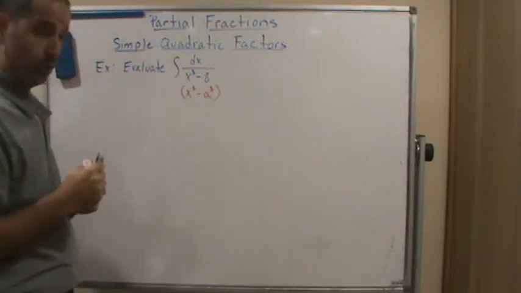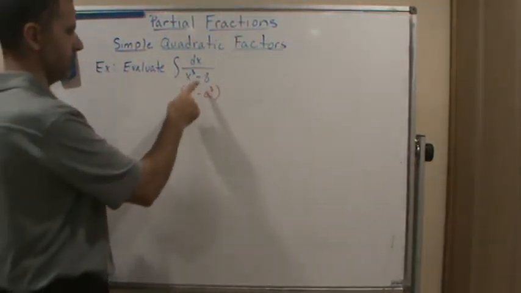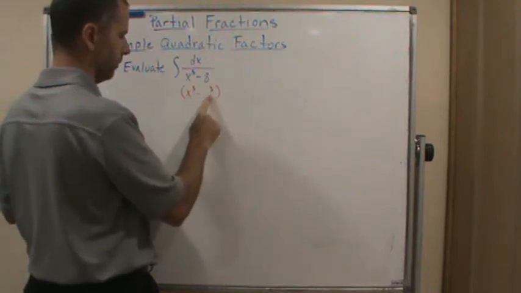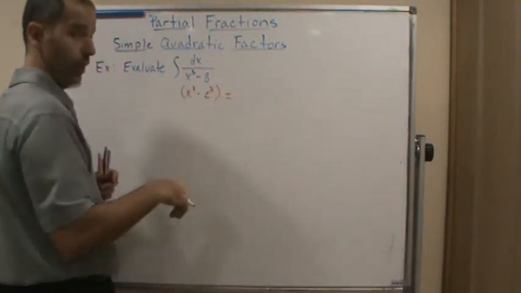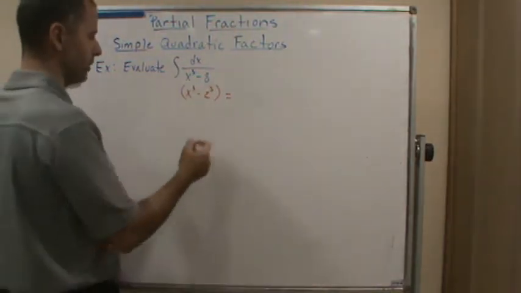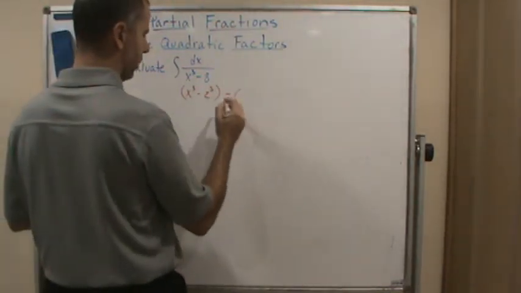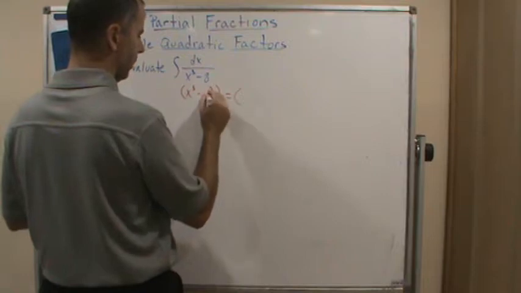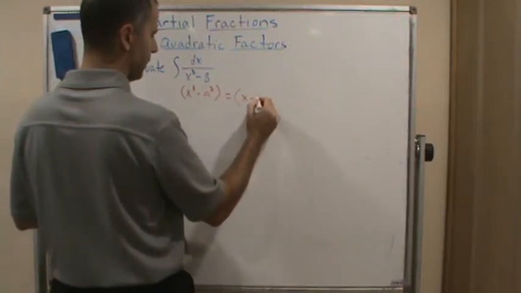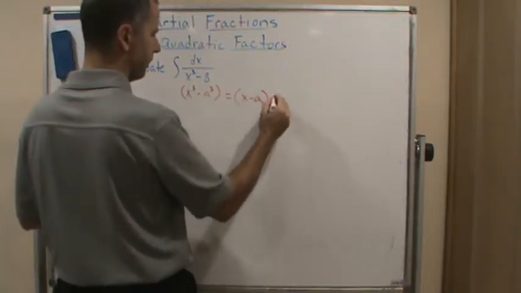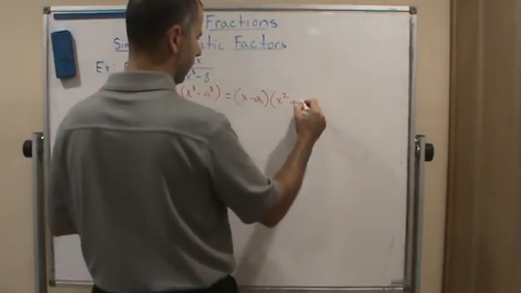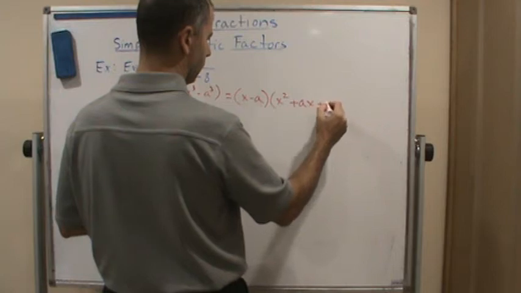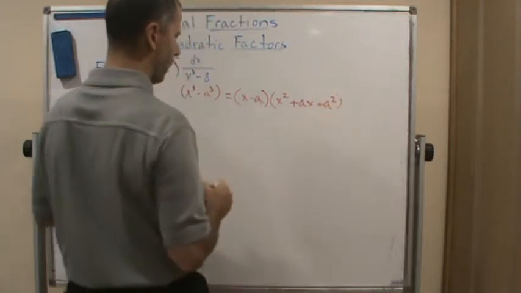It's a difference of two cubes, because this can be written as x cubed minus 2 cubed. And if you remember the special forms, this is always going to be x minus a times x squared plus ax plus a squared.